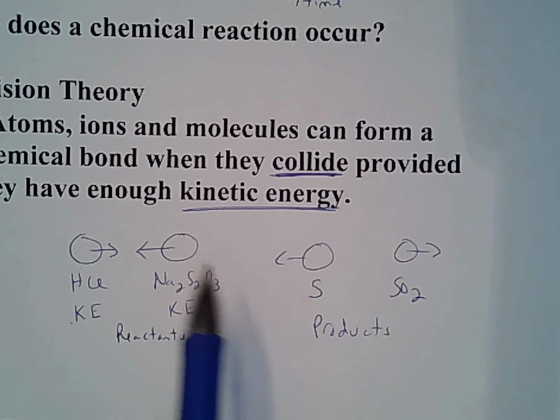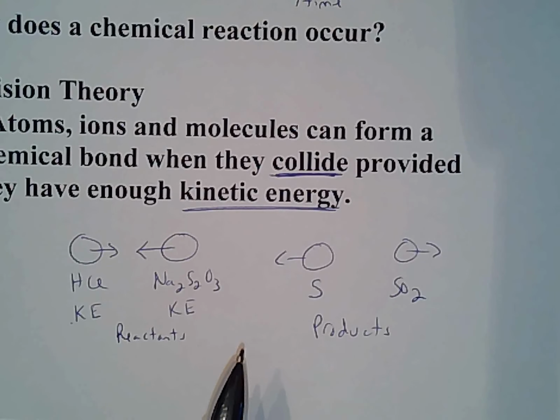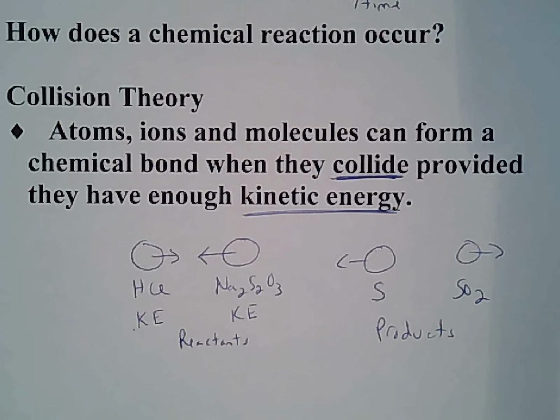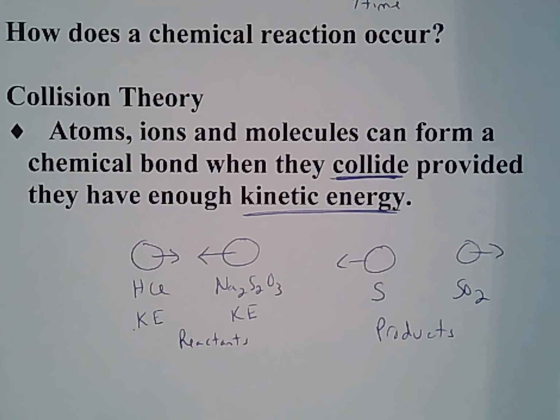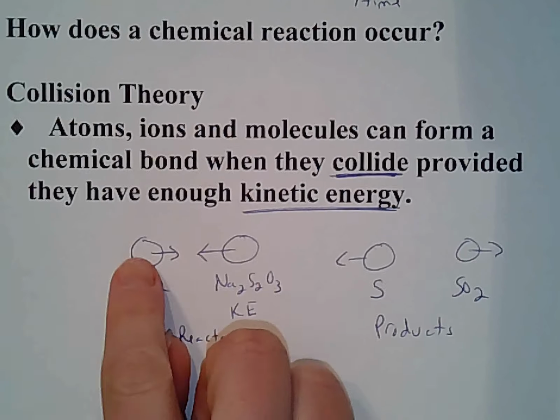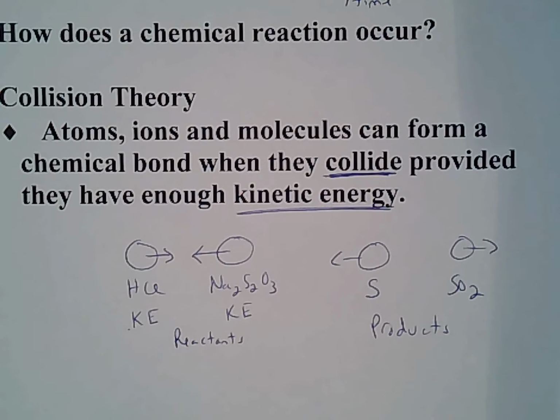But in order for this to take place, I need those collisions, and without those collisions, I have no chemical reactions. Another thing that was mentioned is what we call orientation of the molecules. We're not going to focus too much on that at this level of chemistry, but it also has to do with how these molecules are oriented in order for that to be a complete reaction.